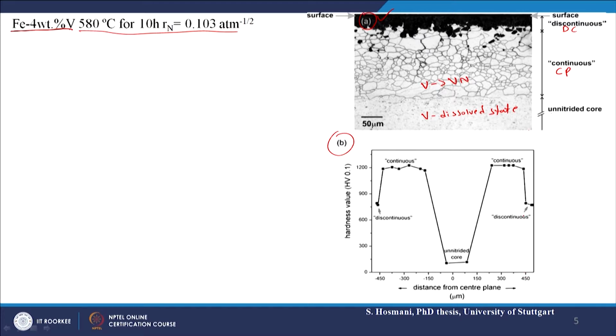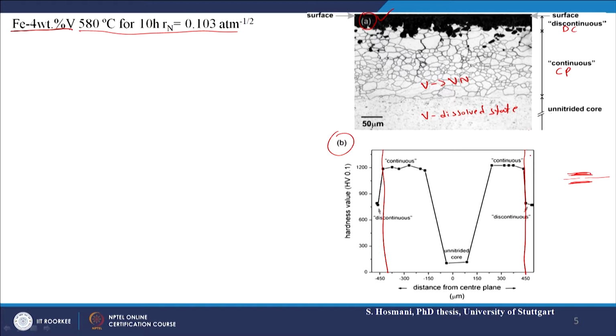This sample is a thin plate having 2 surfaces, right. So, if you have a cross section like that, this is the center plane, and on both sides you have a discontinuously coarsened region, and below that you have a continuously precipitated region.